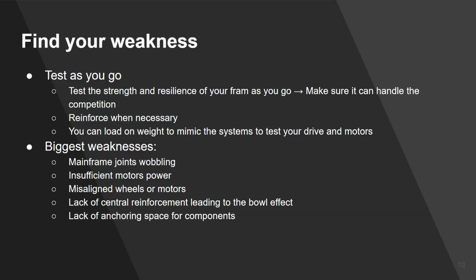See if using T brackets or L brackets on those joints could help to make sure that there is no movement between the joints of your mainframe, so that it's a little bit more sturdy. It can handle impact a little bit better, and there's no risk of things just accidentally falling off. And if your mainframe breaks, then inevitably the rest of your robot crumbles down. So that has to be as solid as you can get it.